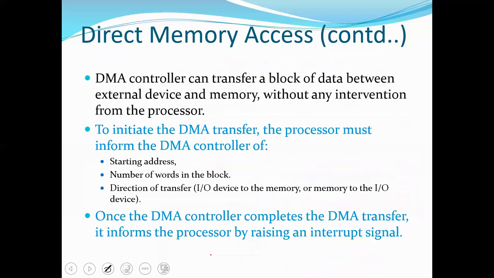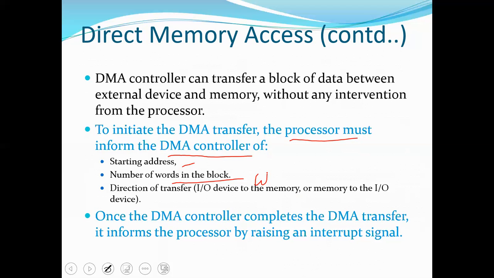So the processor gives some information to the DMA controller: the starting address, the number of words which have to be read, and the direction of transfer, whether it is input to memory, which is a write operation, or memory to IO device.